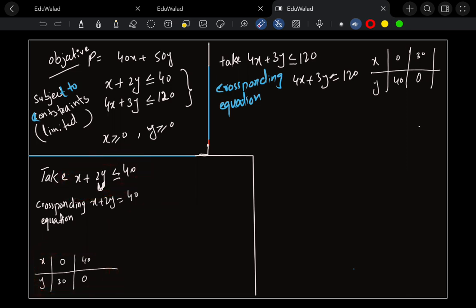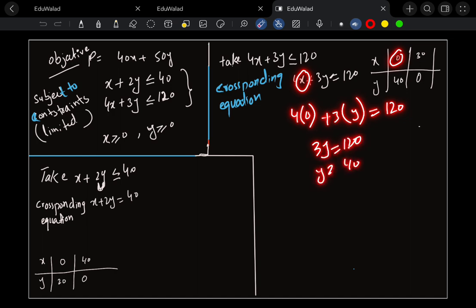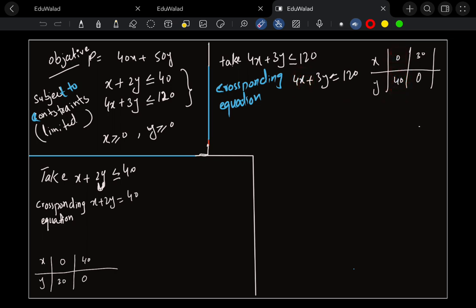Now for the other equation, 4x plus 3y equals 120, put x equal to 0: 3y equals 120, so y equals 40. So we have the point 0 and 40.